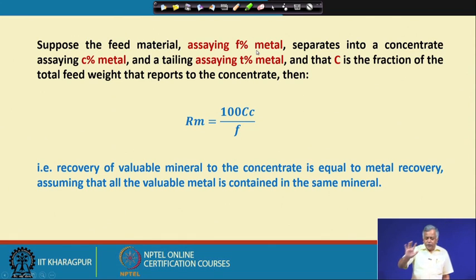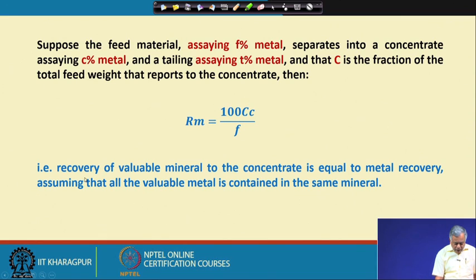Now, you have got 20 tons of concentrate which is having 20% of that metal. So, 20% of 20 tons is 4 tons. So, what is the recovery? You have recovered into the concentrate 4 tons of valuable metal out of your available 5 tons of metal. So, it is 4 by 5 into 100, that is 80%. Is it clear? I hope so.